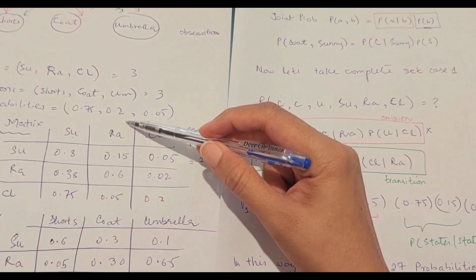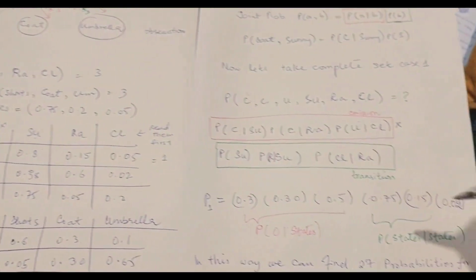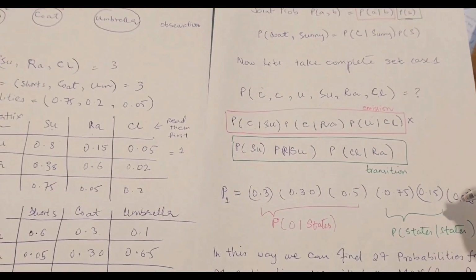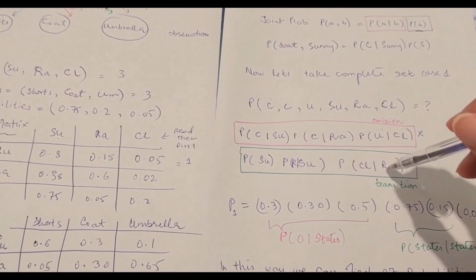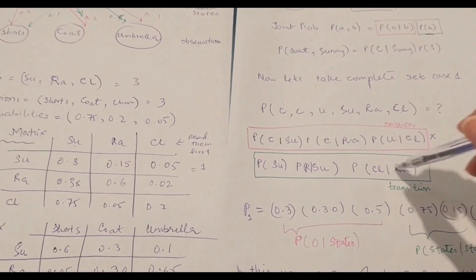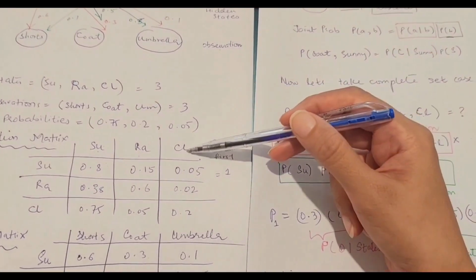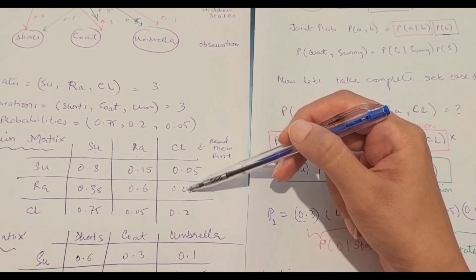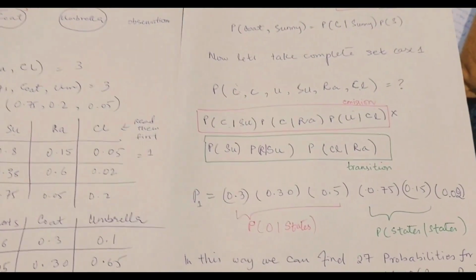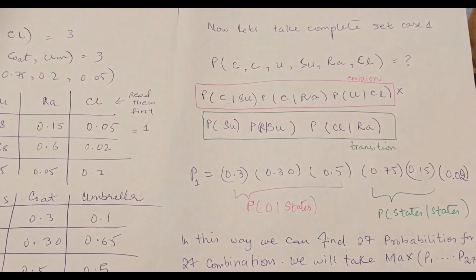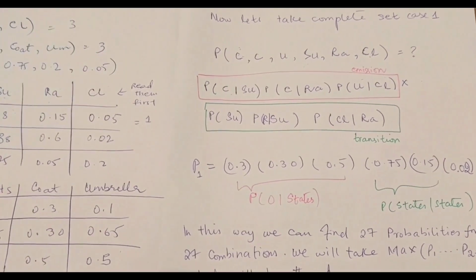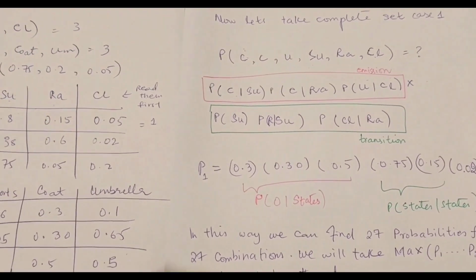The next term, 0.02, comes from the probability that it is cloudy given that it was rainy before. So when we multiply all six terms, we get an answer. I have not calculated the answer, but you can calculate it.